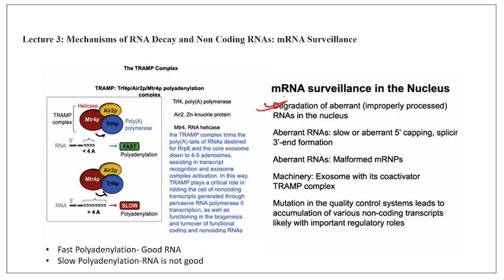Aberrant means improperly processed, those RNAs which are not properly made. If these RNAs are improperly made, what do you think improperly processed RNAs will lead to if they are not degraded? Suppose there is an RNA, it is not made properly, it is not processed properly, and it is not degraded. Then what will happen according to you?